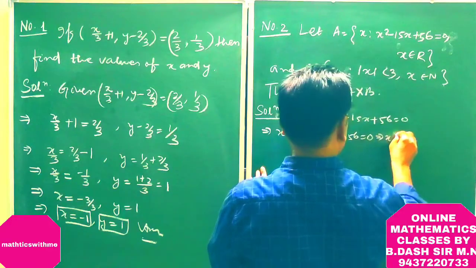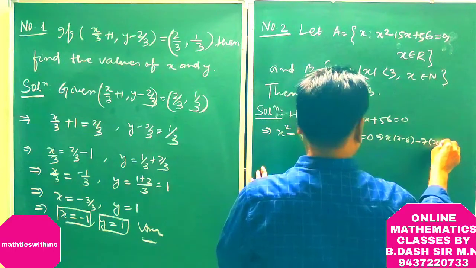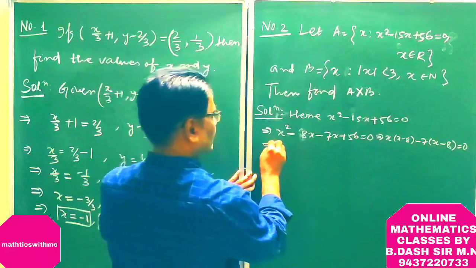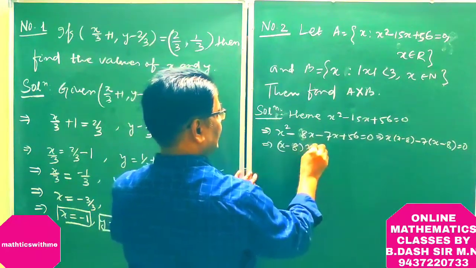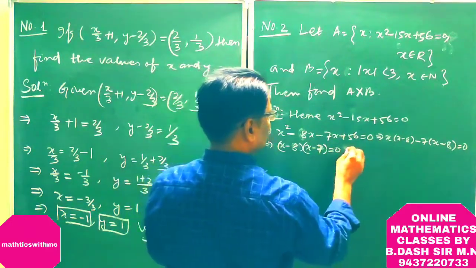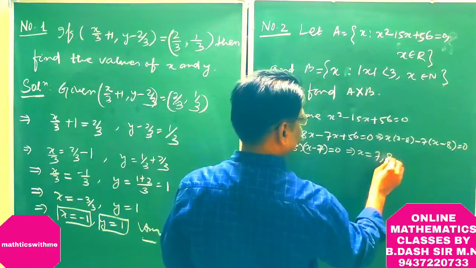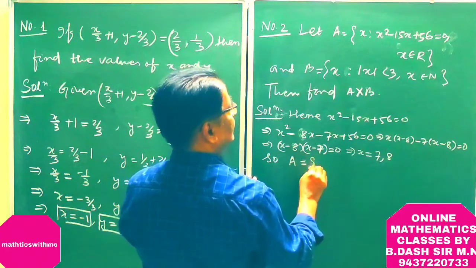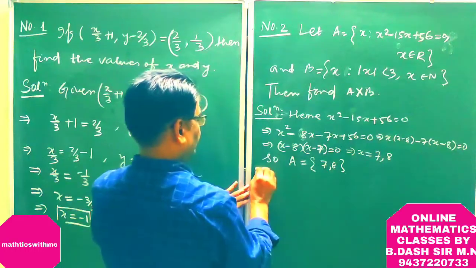This implies x into (x minus 8) minus 7 into (x minus 8) is equal to 0. So (x minus 8) into (x minus 7) is equal to 0. So this implies x is equal to 7, 8. So set A is equal to {7, 8}.